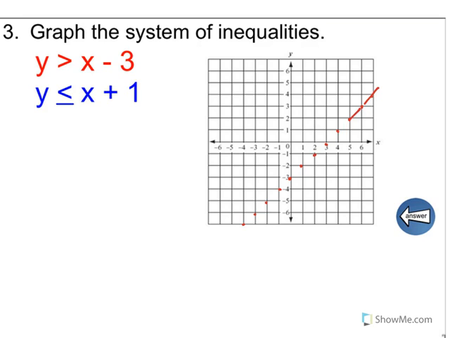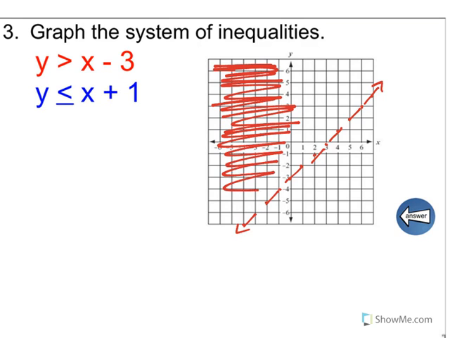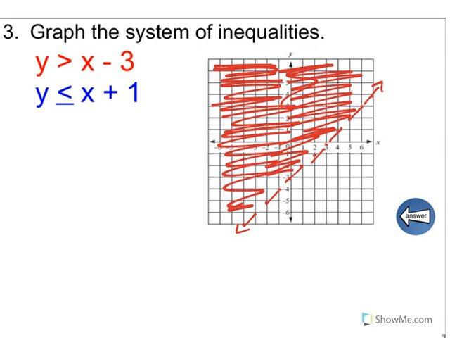Dashed line here. So again, we're not including it because it's just greater than. This is greater than, so I want everything that's above. So everything that's above, there we go.